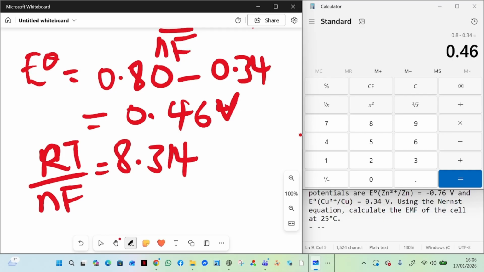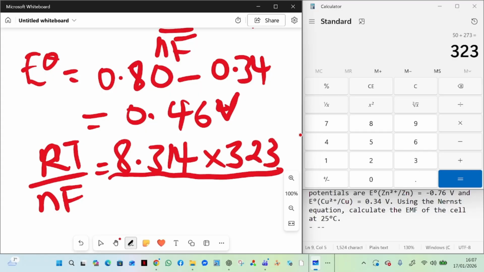And the RT over nF gives us 8.314 times 50 plus 273, we'll convert it to Kelvin, which is 323 Kelvin. We have 2 electrons involved in the process, and then the Faraday's constant.